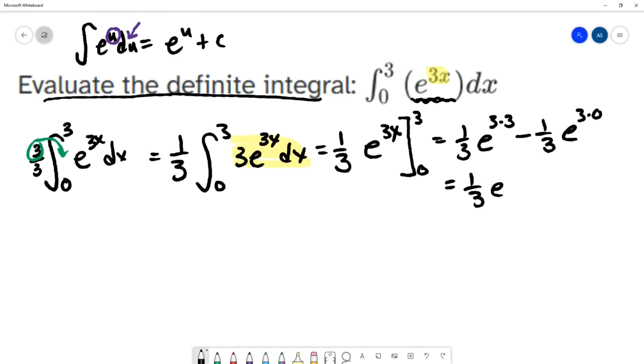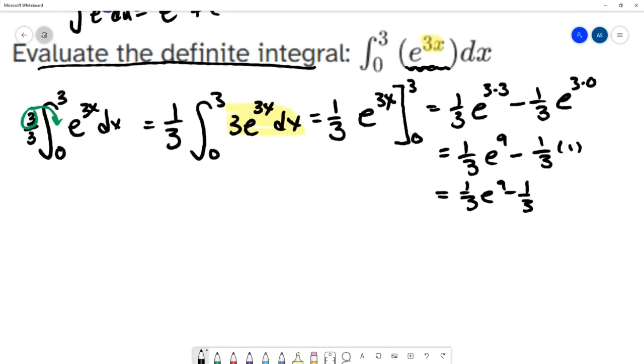That's 1/3 e to the 9th minus 1/3. E to the 0 is 1. We have 1/3 e to the 9th minus 1/3. So that's the integral with pattern recognition.